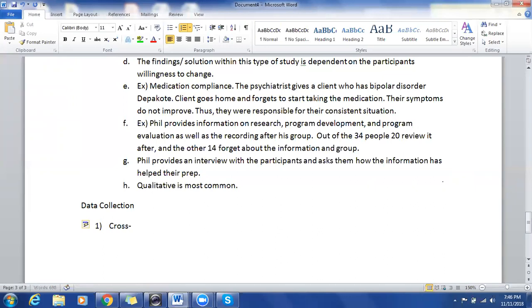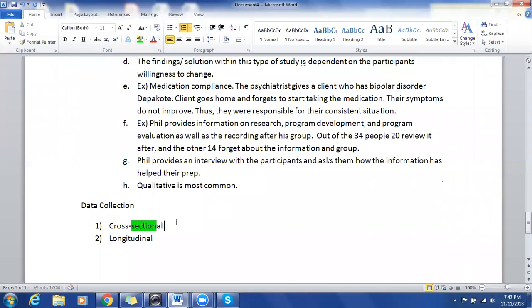So the two types of data collection are number one, cross-sectional, and number two, longitudinal. Cross-sectional, the emphasis is going to be on the word section.